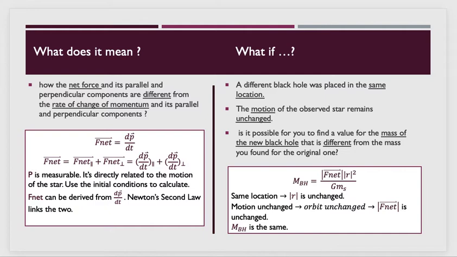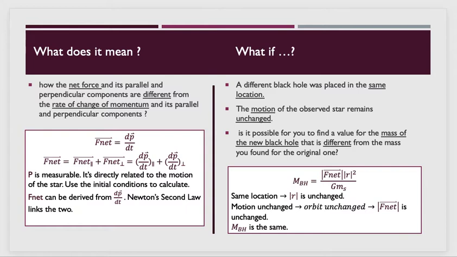First is the what-does-it-mean question: whether net force is different from the rate of change of momentum. I think they are different. We know that F net is equal to dp divided by dt, and its perpendicular and parallel components also correspond to dp dt perpendicular and dp dt parallel, but p is measurable.